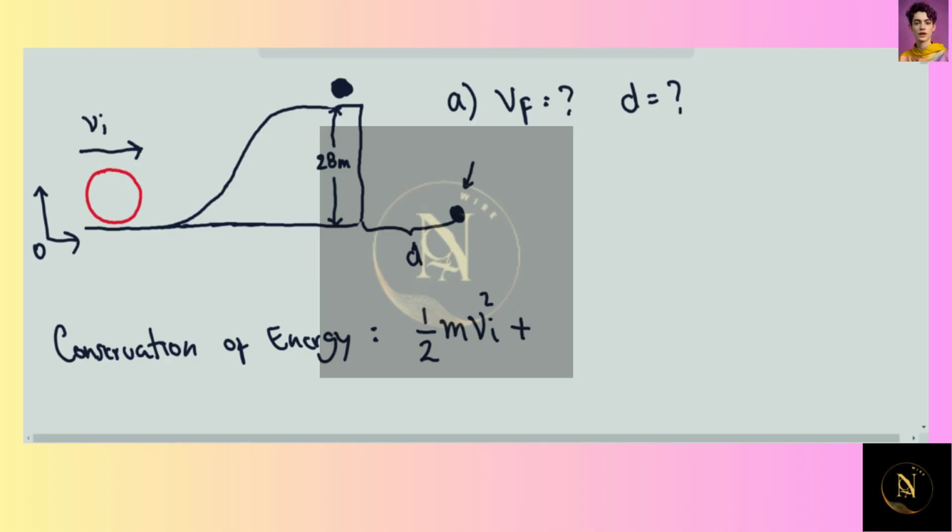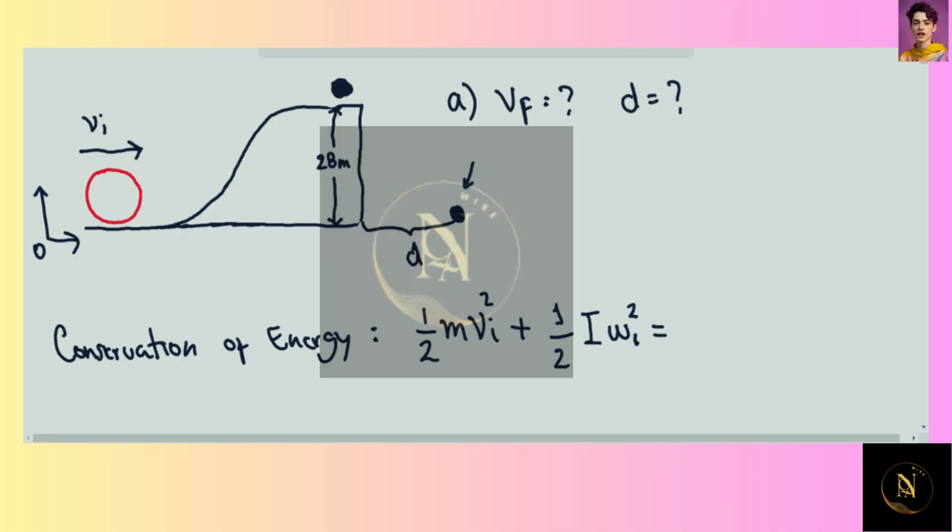This hill, sorry. So we will also have rotational kinetic energy, and that is 1/2 of the moment of inertia times the angular velocity squared.